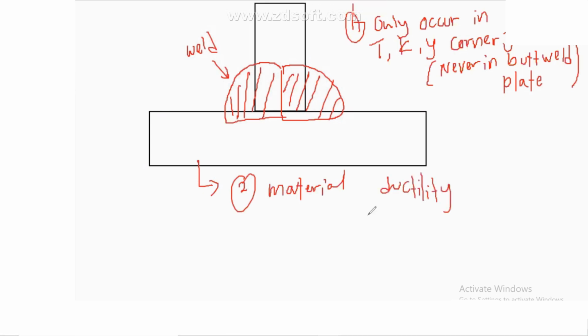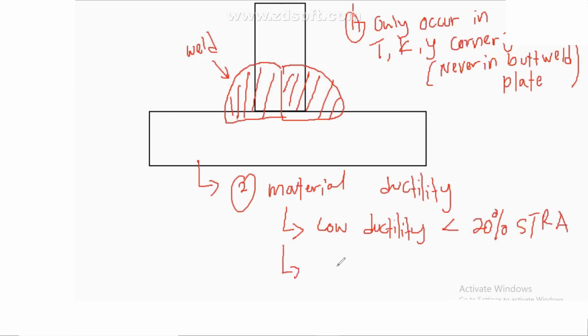When you have low ductility, less than 20% STRA, and normally it occurs in thick material. Okay? Normally it occurs in thick material.